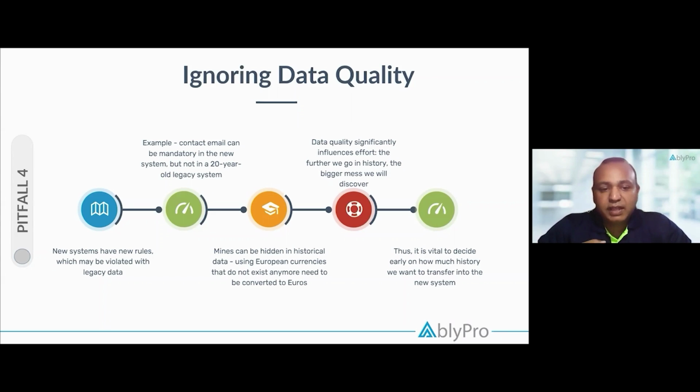So if we are saying that we have got 100,000 records, it may be that when we talk to the business users, they say that we don't want all these 100,000 records. They don't make sense to us. We just want 30,000 records to be migrated. So by talking to the business, your workload has just decreased by 70% because you don't have to migrate 100,000 records now.